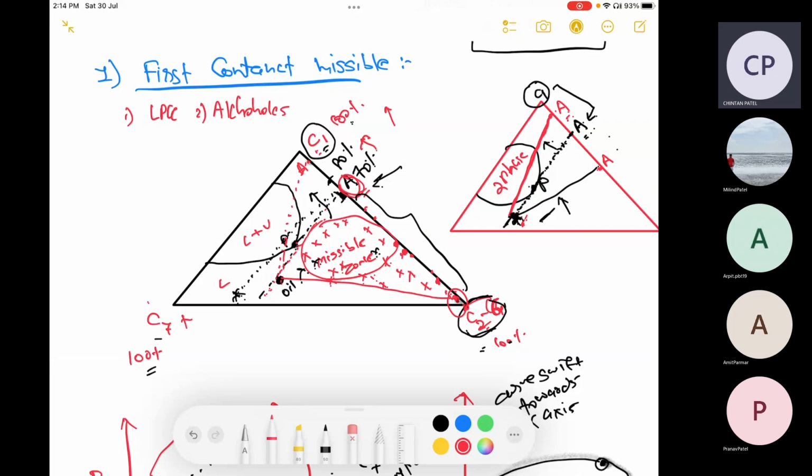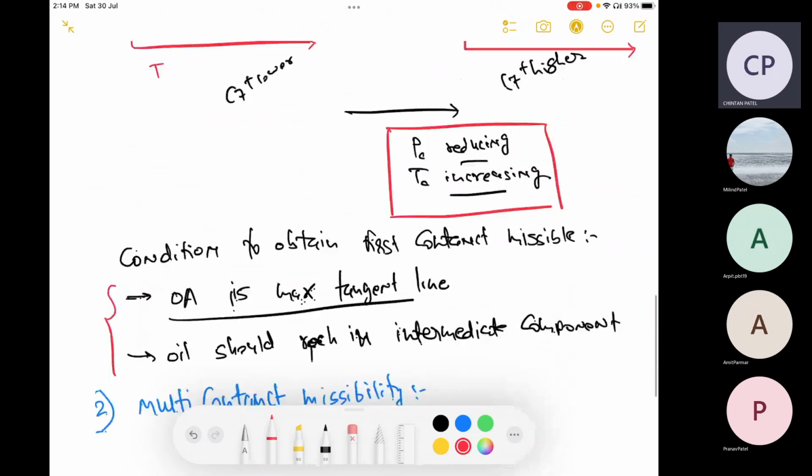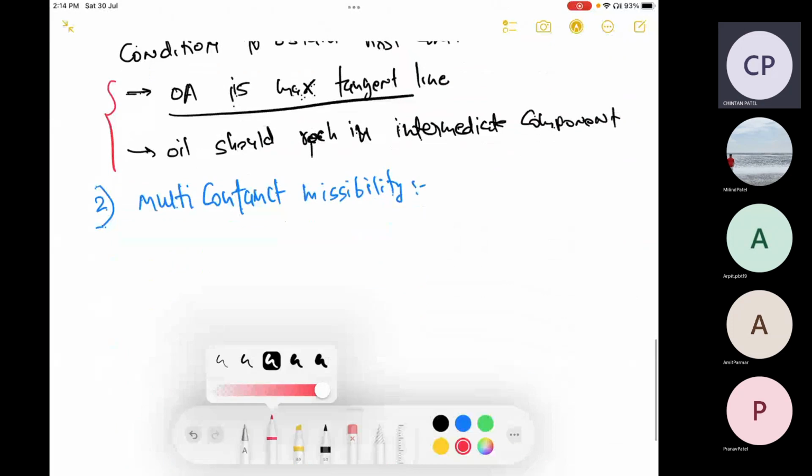In this case, how does it become miscible? What process occurs in the case of multiple contact miscible? We already categorized this into two parts.